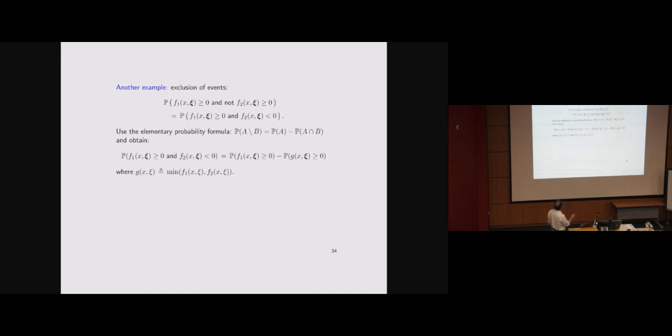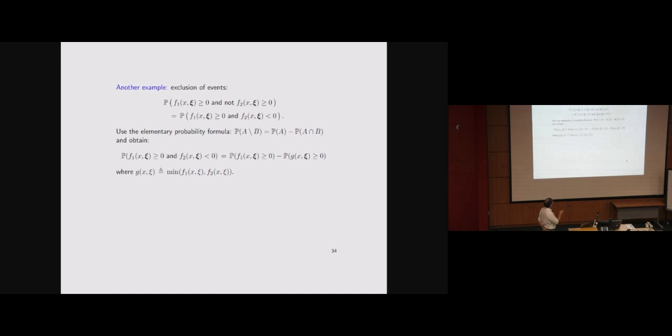And now, because you need to combine f1 and f2, you end up with this g being the min of these two functions. Again, that's where you get the non-differentiable functions.